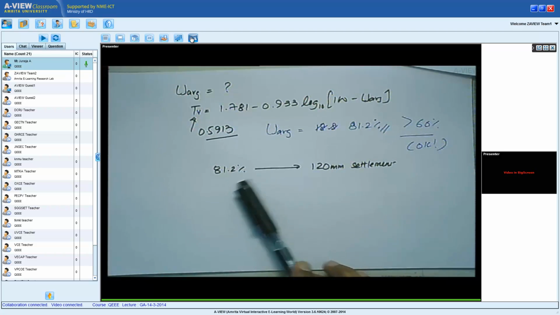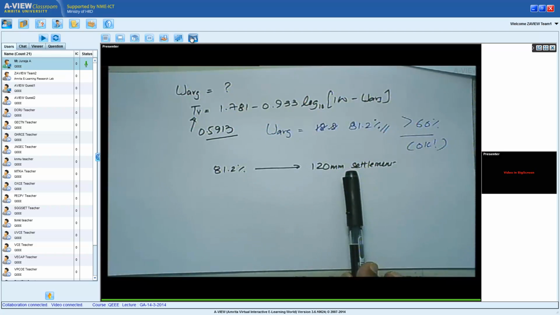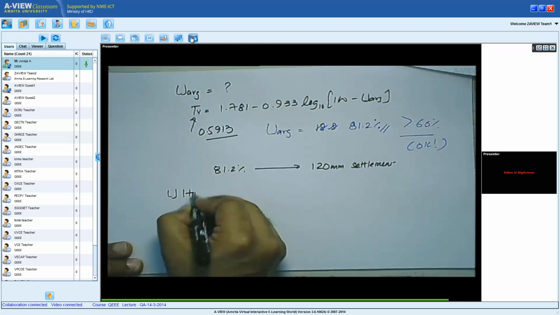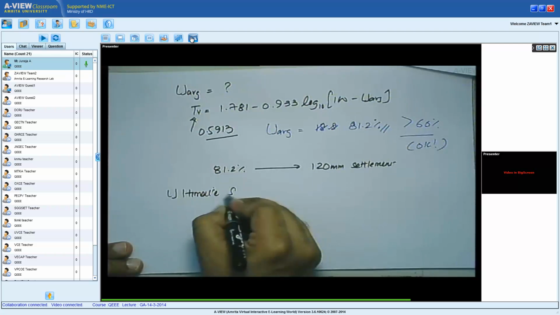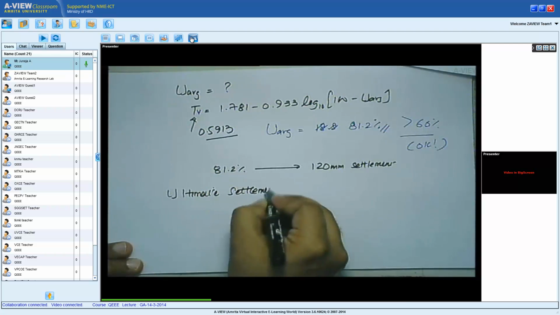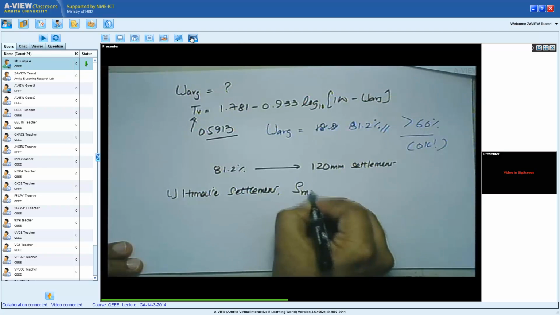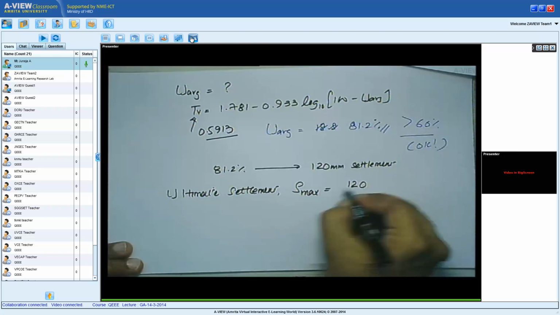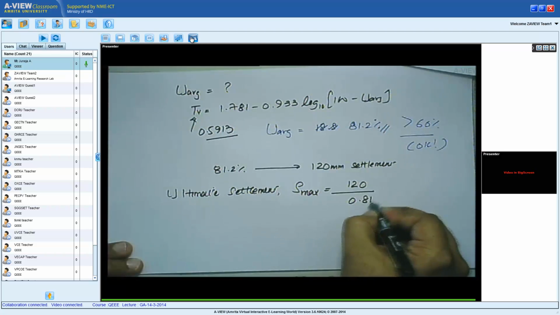81.2% consolidation would mean 81.2% settlement. If I have to deduce what is S max or ultimate settlement, S max or AC would not matter. So I just need to divide this by 0.812.